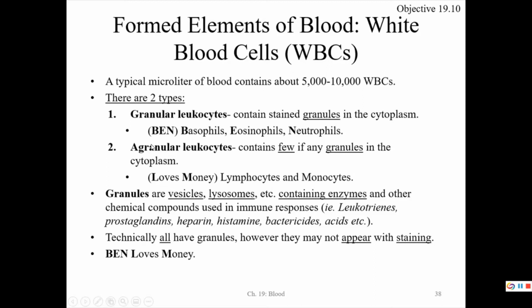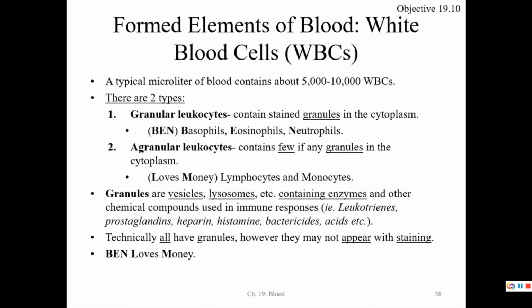Technically they all have granules. It's just that they may not appear as staining when stained and classified. Agranular leukocytes are lymphocytes and monocytes. Ben granular: basophils, eosinophils, neutrophils. Loves money: lymphocytes, monocytes, agranular.